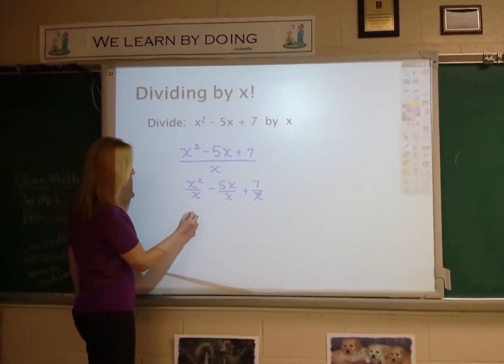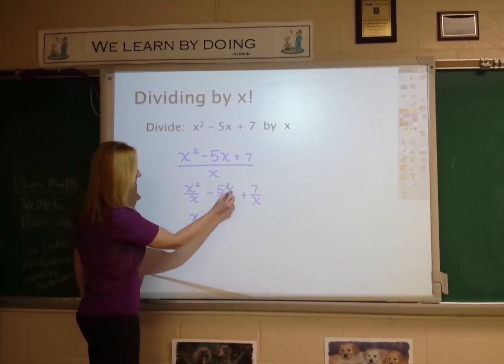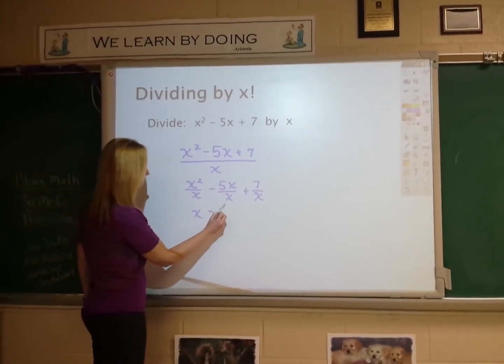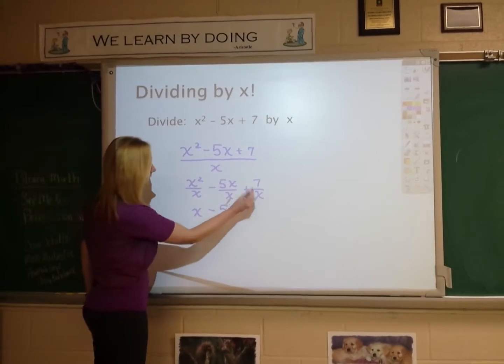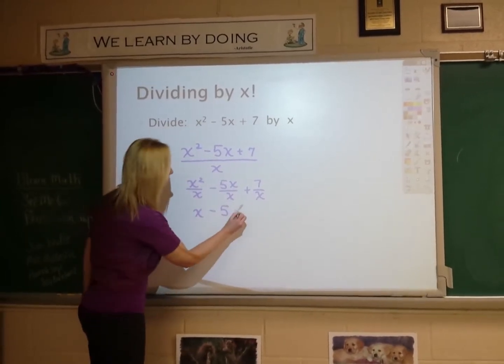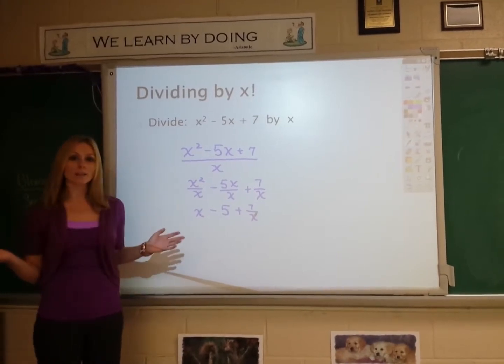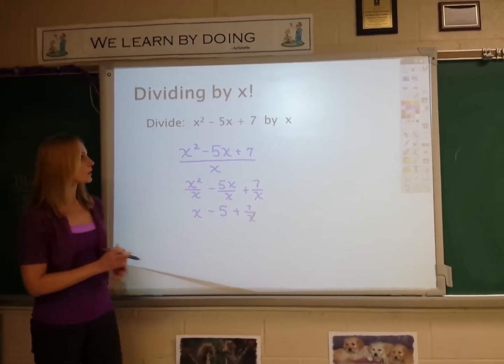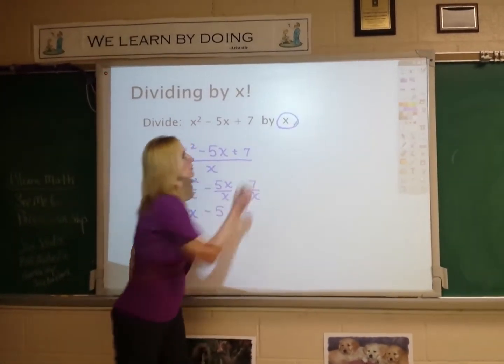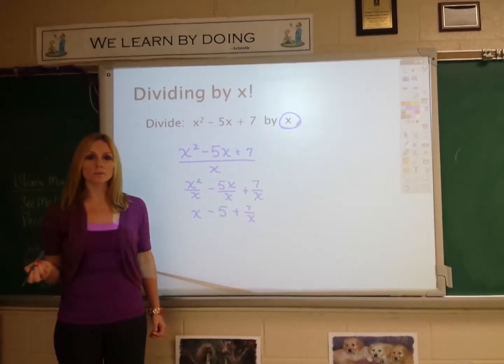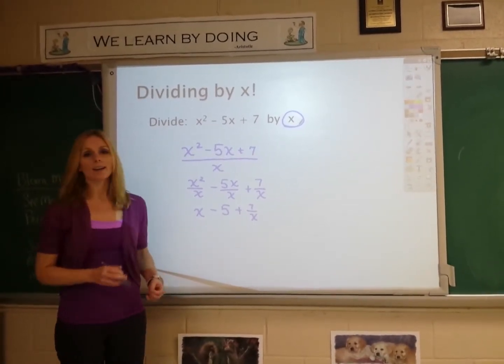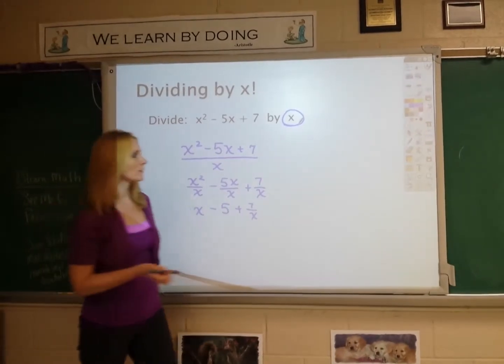So x squared divided by x is x, 5x divided by x is just 5, and 7 doesn't go into x, so you're just going to leave that as 7 divided by x. And then you're done. That's the easiest way to do a problem when you're dividing by a single term or a single variable. Okay, so that's it for that, and now let's move on to long division.